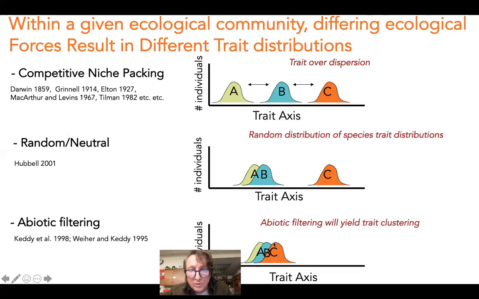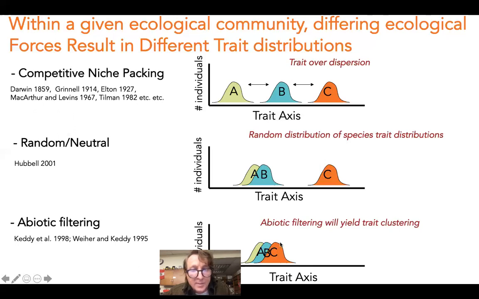And so if the local environment selects for a limited subset of traits that do very well in the environment, then we should get a clustering of traits in trait space. And so abiotic filtering should be characterized, according to this literature, by more of a clustered pattern in trait dispersion, okay? So these are 3 examples of trait dispersion: trait over dispersion, random dispersion, and clustering, okay?